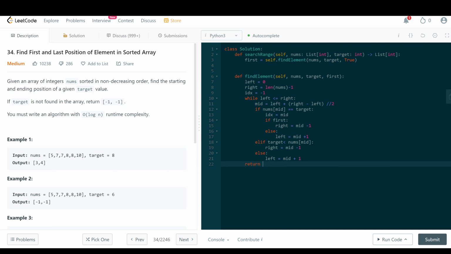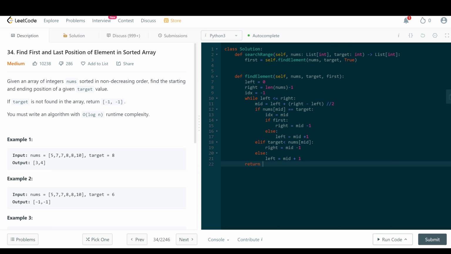Now we found the first occurrence. If first equals negative, that means we didn't find an occurrence of the target in our array, so return -1, -1.